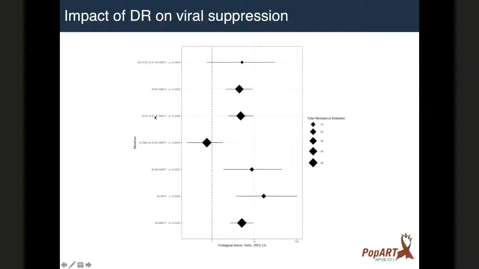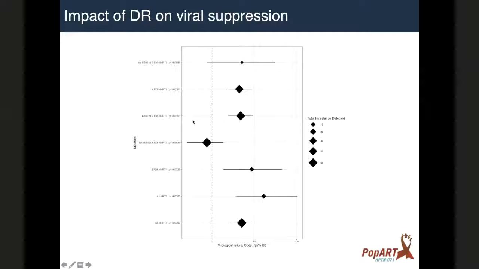So the two more common NNRTI resistance mutations that we see here are the K103 mutation on its own, and the E138A mutation without the K103 mutation here.